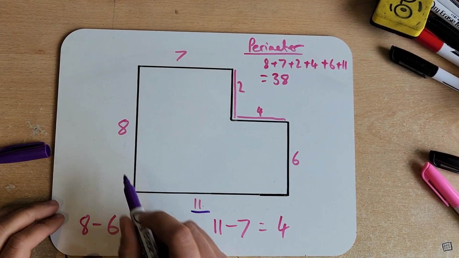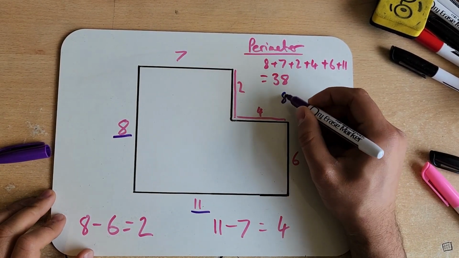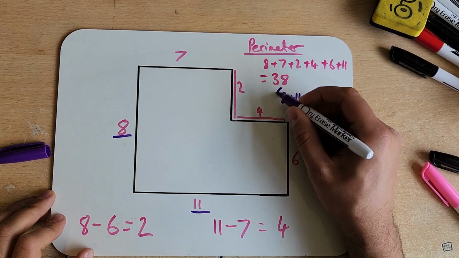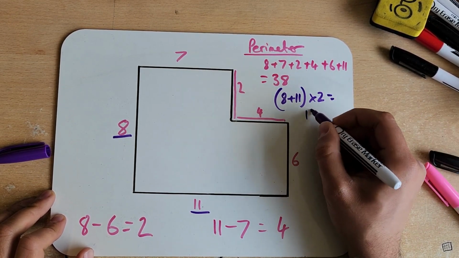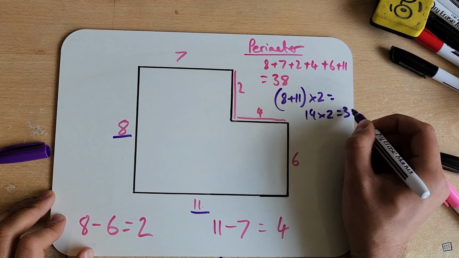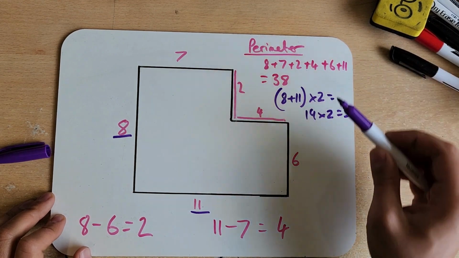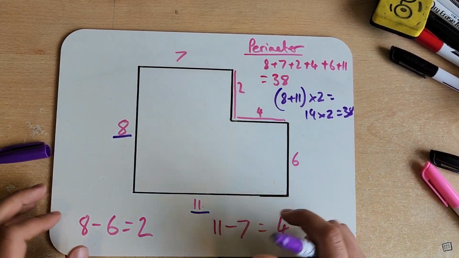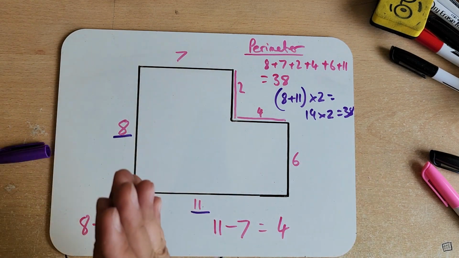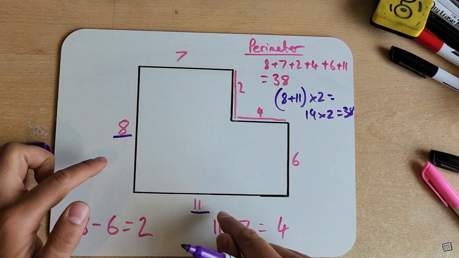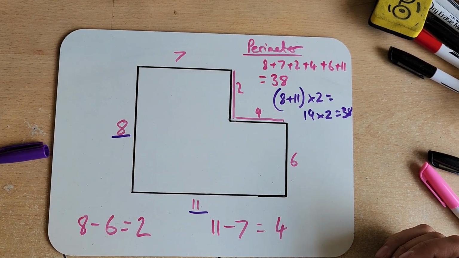We can look at these two numbers here, which are the whole lengths, and we can just do 8 plus 11 times 2. That's 19 times 2, which is 38. So you are going to use whichever method you are comfortable with, but for this one, you can double this and add them together, or what I've shown you here is add them together and then double them. It comes out to be the same thing.